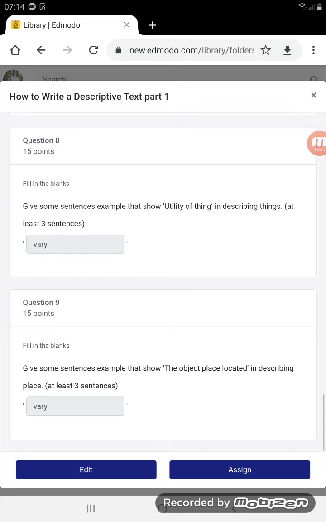And then the last one, question number 9, and the point is 15. Give some example sentences that show the object's place, located. Remember that? Object, place, located. It means tempatnya di mana, lokasinya. Okay, for example, you want to describe your home. That's okay.